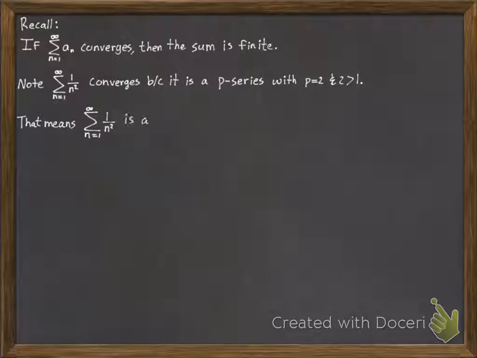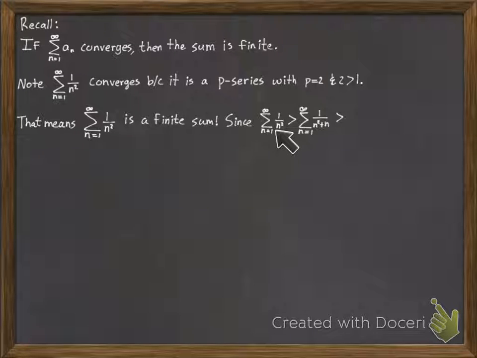So I know that 1 over n squared converges by the p-test, because p is 2 and 2 is greater than 1. That means that this series is finite. It converges, so it's a finite sum. And we noticed this really interesting relationship: the 1 over n squared series was bigger than 1 over n squared plus n. And of course, both of these sums are going to be positive, they're both greater than 0.